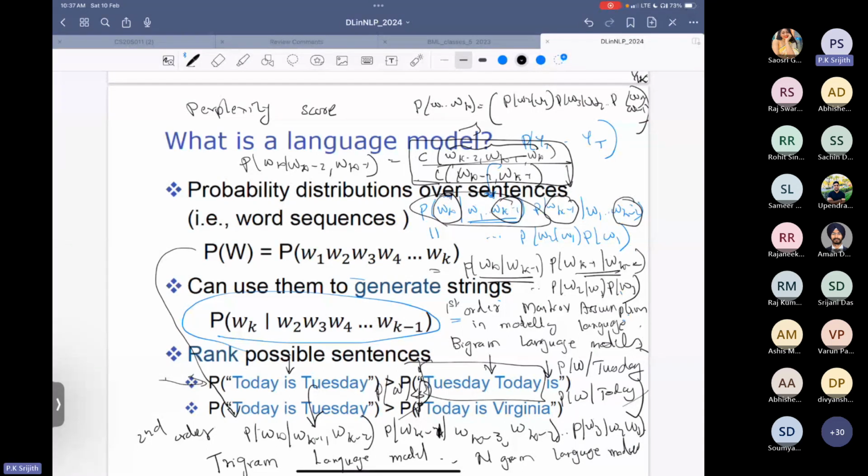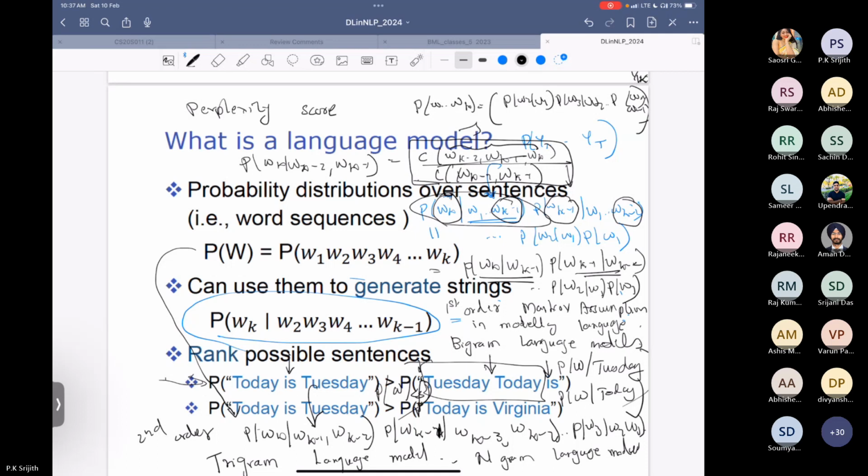It may not be generalizable to some unseen combination of words, right? So if you don't see some particular combination of words in the corpus, you can never generate that. The probability that you assign to that unseen combination of words is going to be zero, right?